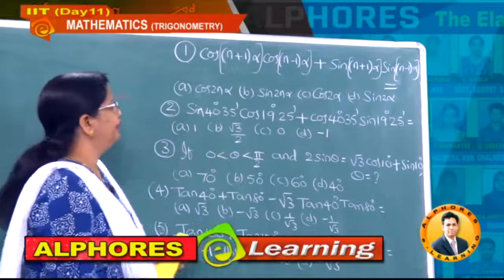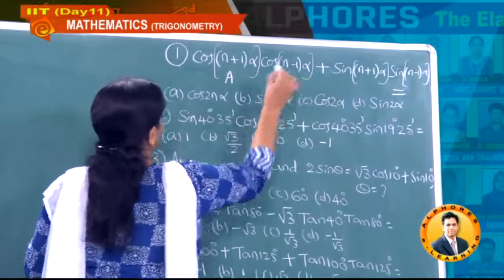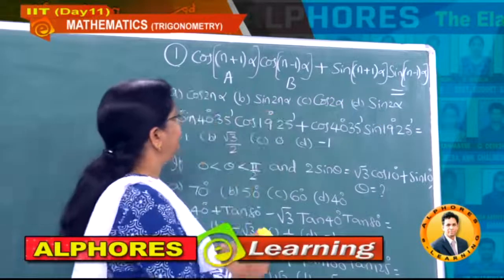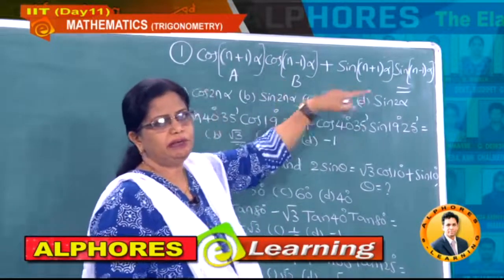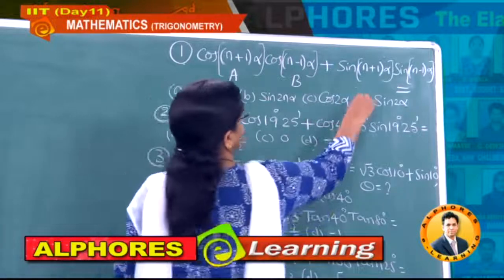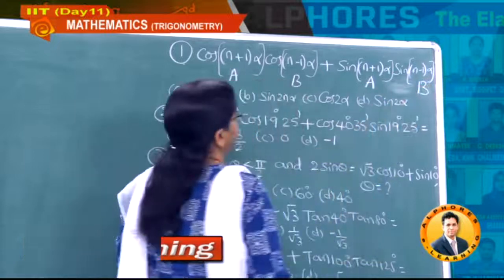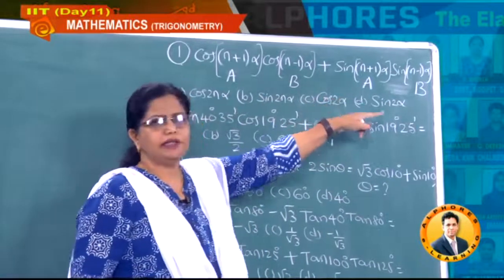This is of the form cos A cos B. And what about this value here? Sin A, same value. You have to check whether this and this both are one and the same or not. So this is A, and this one is B, and now it is of the form cos A cos B plus sin A sin B.